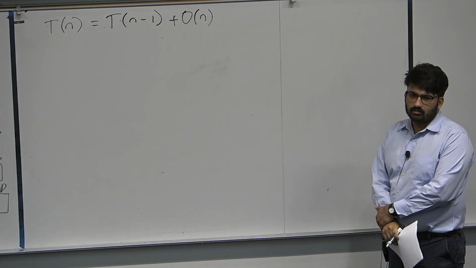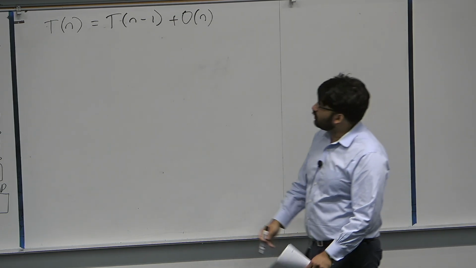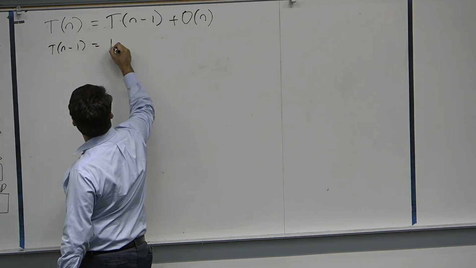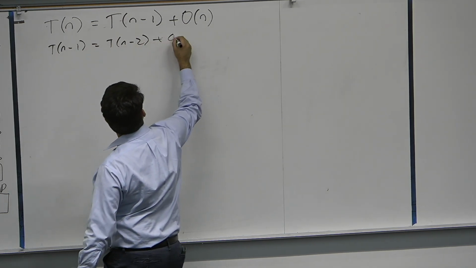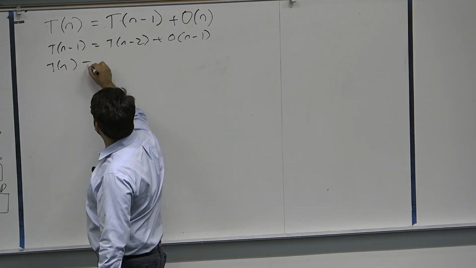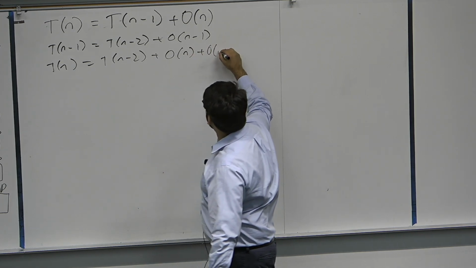Basically, you're going to unroll it. You could say, by evaluation, T of n minus 1 is equal to T of n minus 2 plus O of n minus 1. So T of n is equal to T of n minus 2 plus O of n plus O of n minus 1, which is just O of n.